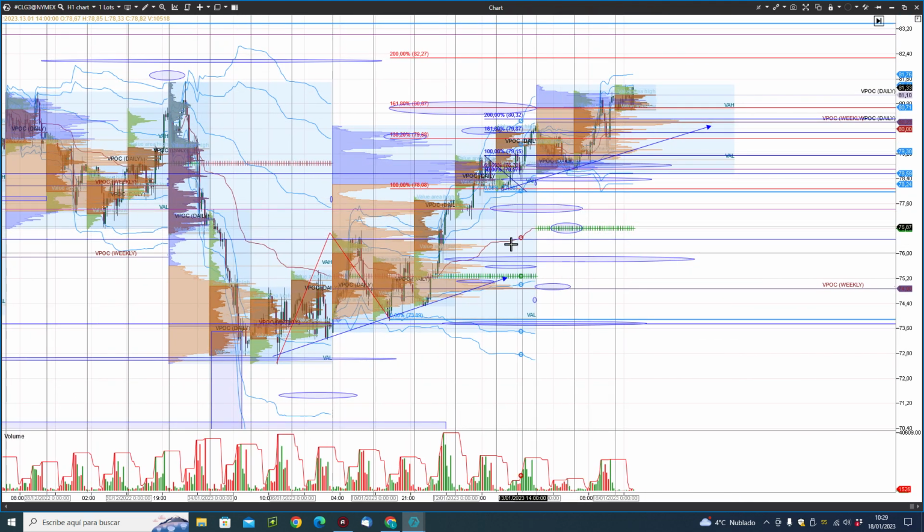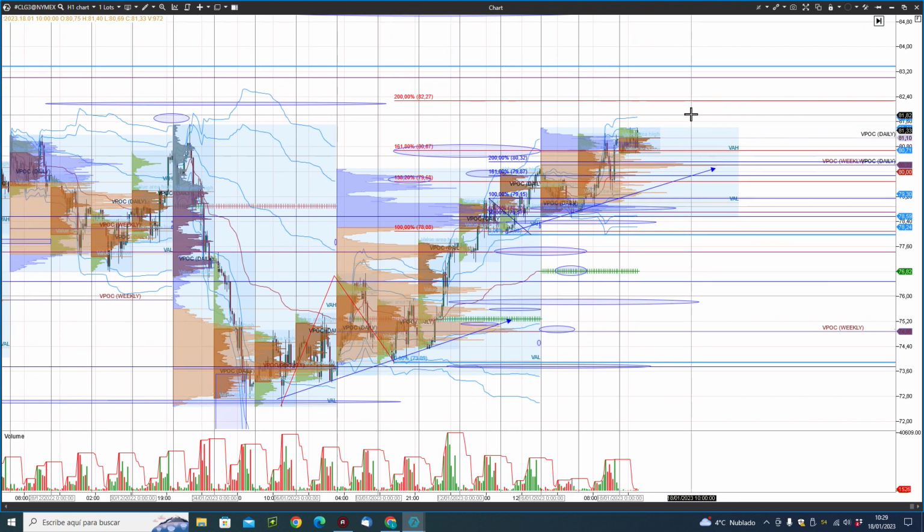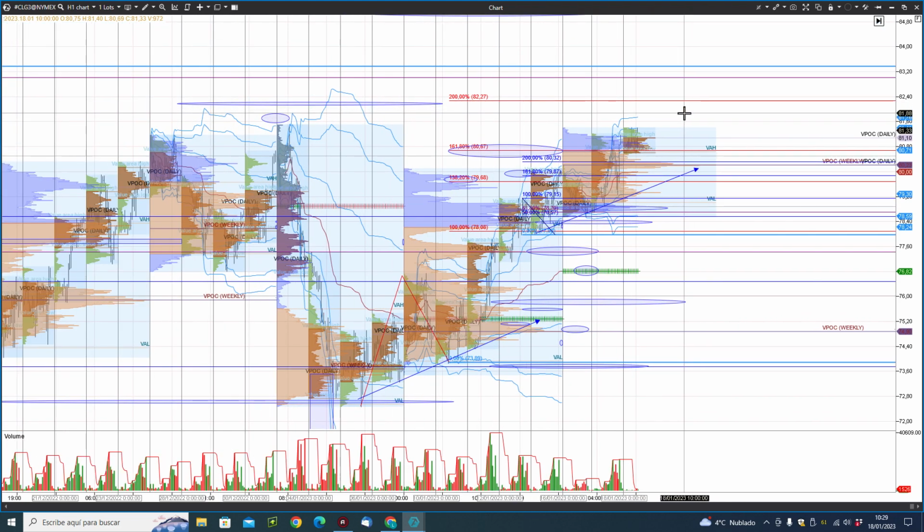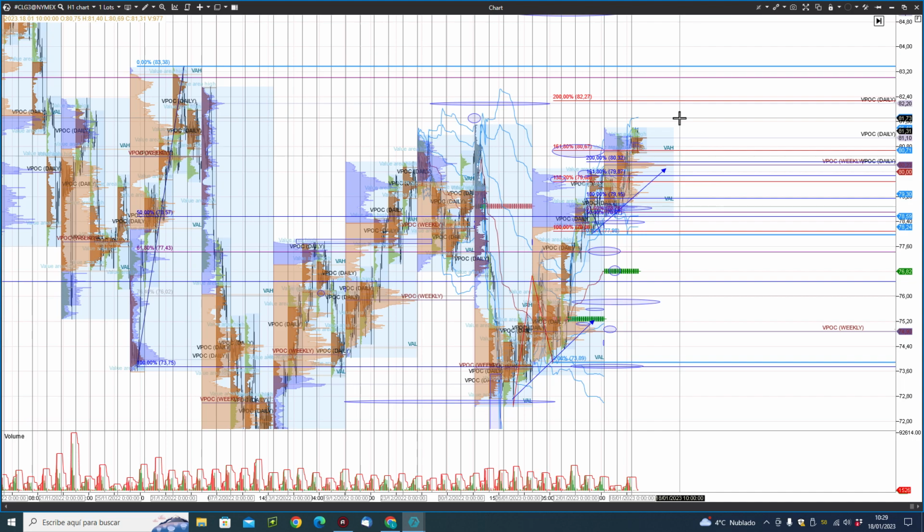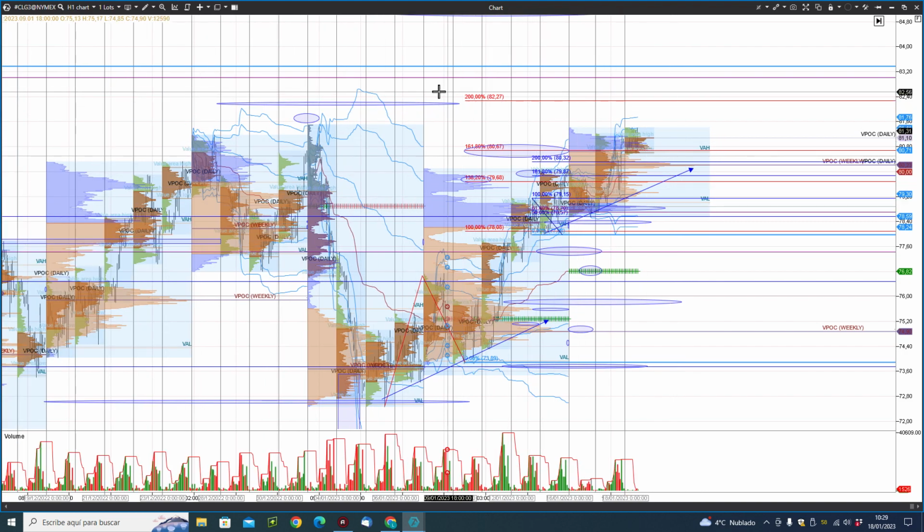If the price continues going up, 82 would be the first point of interest. Let's see that there is a naked daily VPOC exactly at 82.20.